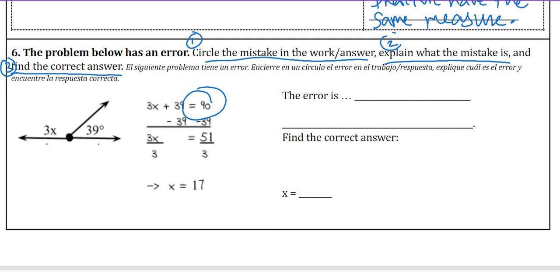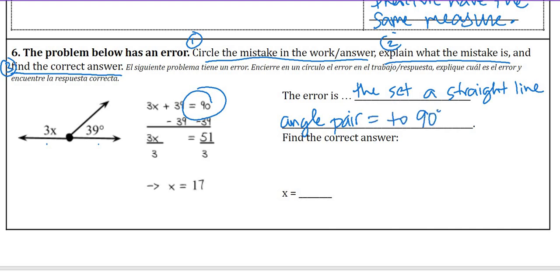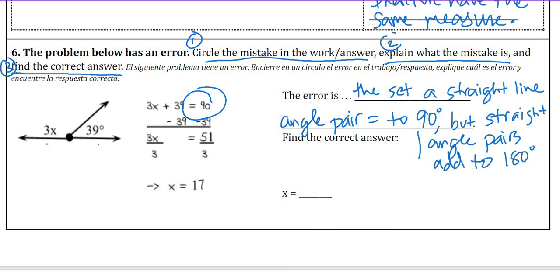The error is they set a straight line angle pair equal to 90 degrees, but straight line angle pairs add to 180 degrees. So I've done number 1 and 2.